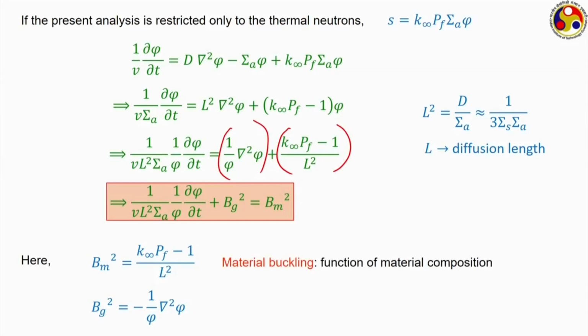They are called buckling. Bm square is called material buckling, as it is a function of material composition only, and Bg square is called geometrical buckling because it is a function of geometry. Values of both these buckling parameters are very important while designing any reactor shape.